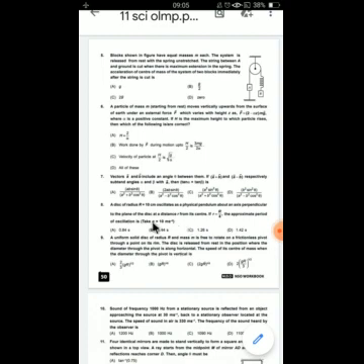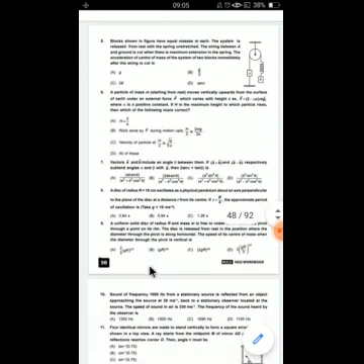Next, question number 9. A uniform solid disc of radius R and mass m is free to rotate on a frictionless pivot through a point of the rim. The disc is released from rest in the position where the diameter through the pivot is along horizontal. The speed of its center of mass when the diameter through the pivot is vertical. You need to know that, students.